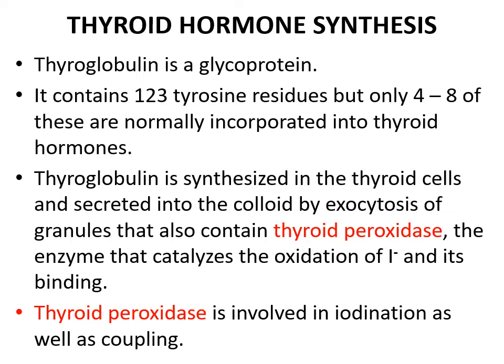So thyroglobulin is packaged extremely efficiently into the follicular lumen at high concentration. Thyroglobulin is a glycoprotein. It contains 123 tyrosine residues, but only 4 to 8 of these are normally incorporated into thyroid hormones.